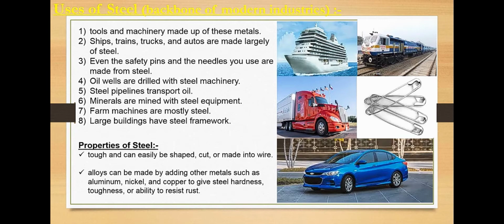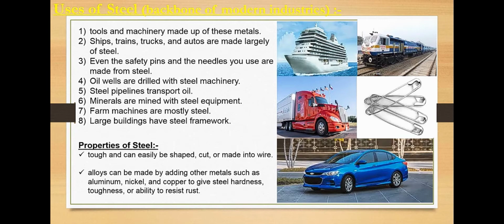Ships, trucks, automobile industries, safety pins, needles, heavy machineries, drilling machineries, shafting machineries, pipelines, everywhere we are using steel. So only we give steel the name backbone of modern industries.